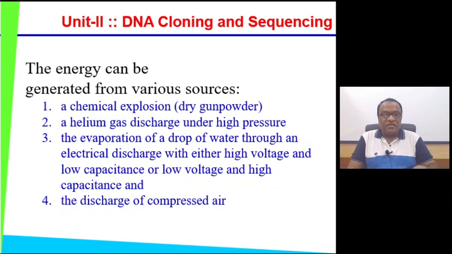Number three, the evaporation of a drop of water through an electrical discharge with either high voltage and low capacitance or low voltage and high capacitance. And number four, the discharge of compressed air. All particle acceleration processes are carried out under vacuum to minimize deceleration.